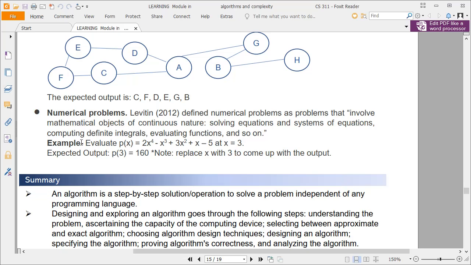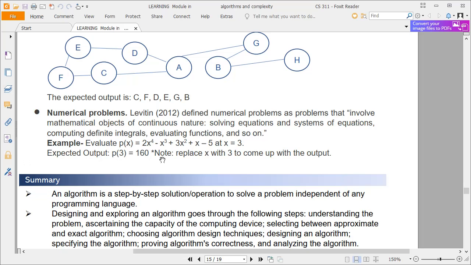Then, for example, we evaluate p of x equals 2x to the power of 4 minus x cubed plus 3x squared plus x minus 5 at x equals 3.